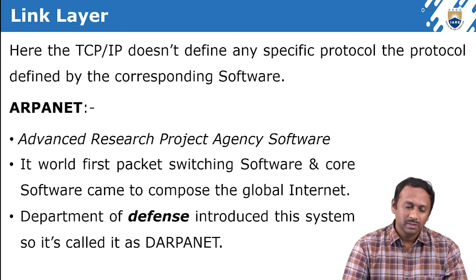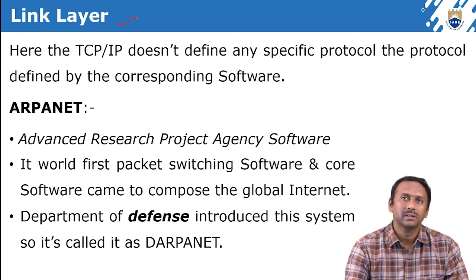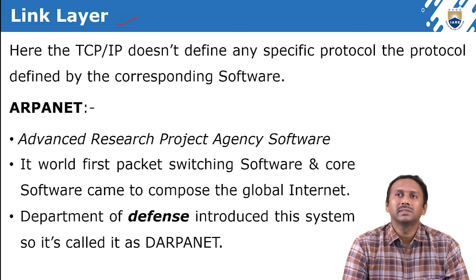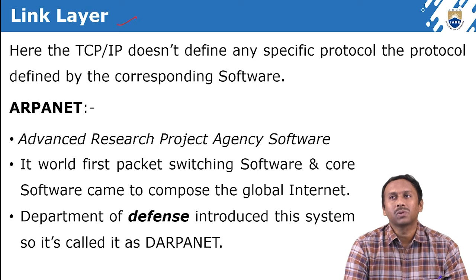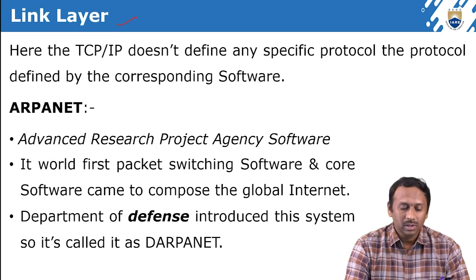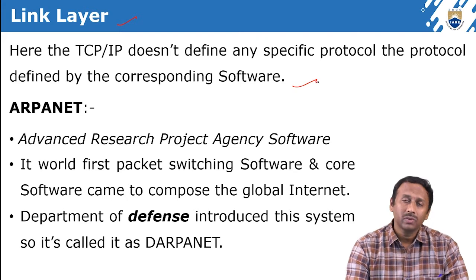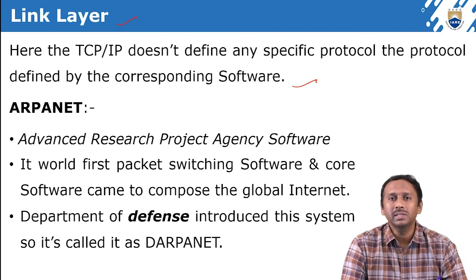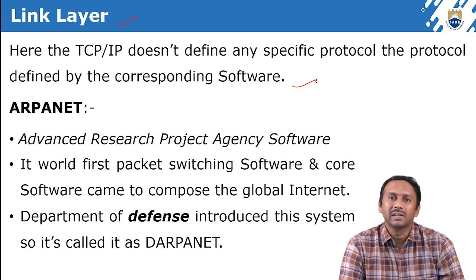The first one is the link layer. In the link layer, TCP/IP doesn't define any specific protocol; the protocol is defined by the corresponding software. The link layer is a combination of the physical layer and the data link layer.